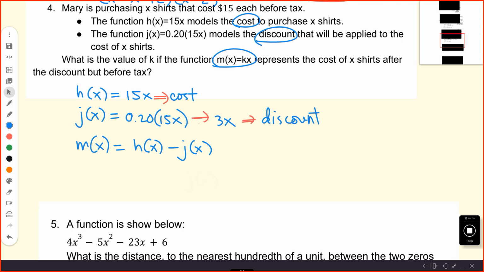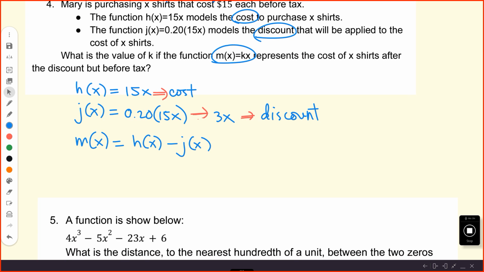We know the representation of h of x is 15x, and the representation of j of x, the simplified form, is 3x. So minus 3x, and therefore m of x is equal to 15x minus 3x, which is 12x. Since we already expressed this as m of x equals kx, and we're asked to find the value of k, therefore k is 12.